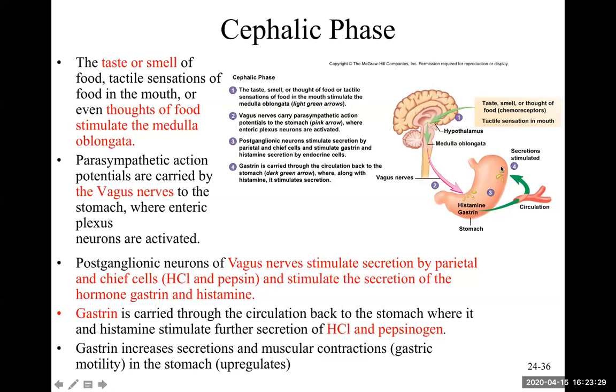So we have this massive increase in gastric secretions, massive increase in gastric contractions, all due to thought, smell, right? Taste kind of makes sense. When you taste food, you know it's going to come in. But the weird thing is the thought, the smell of food could be enough.